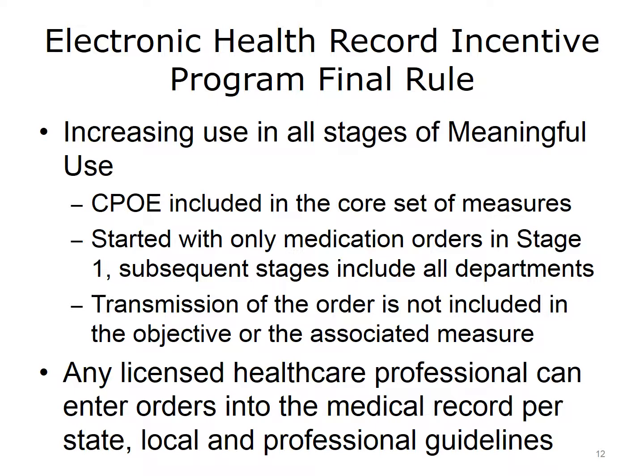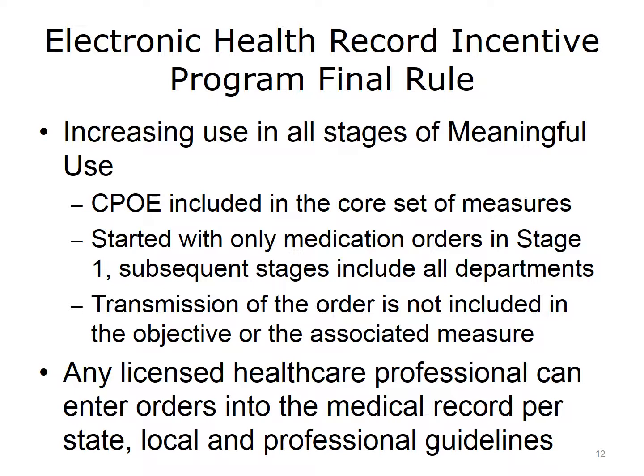The Electronic Health Record Incentive Program final rule states, for Stage 1, CPOE is included in the core set of measures. The Meaningful Use Core Measure for eligible professionals, eligible hospitals, and critical access hospitals is use CPOE for medication orders directly entered by any licensed healthcare professional who can enter orders into the medical record per state, local, and professional guidelines.